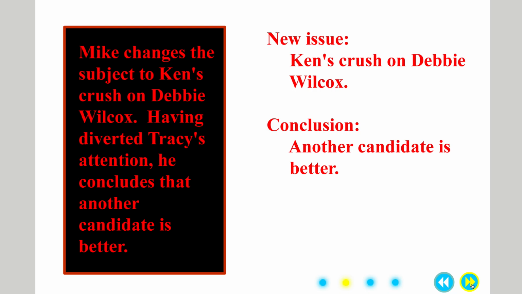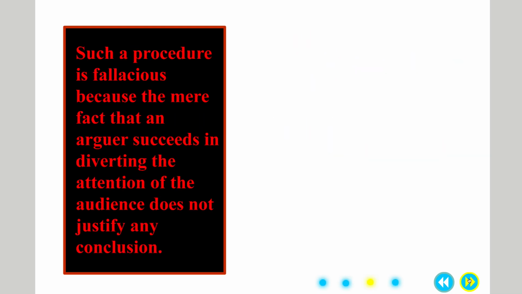Again, that could read too as an ad hominem. But what's really happening is he moves from one premise that leads to certain conclusions to a completely different set of issues, namely his private life and his crush on Debbie Wilcox.